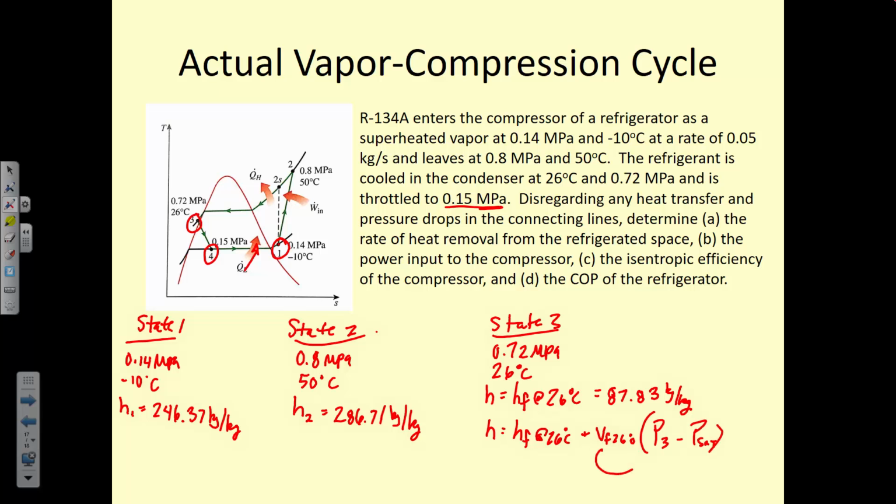So this will offer an additional correction factor that will get us even closer to the actual value. If this value is a very large value, then we know our percent error is going to be greater. But in this case, 0.72 megapascals, whereas the saturation pressure at 26 degrees C is 685. So it's not that far, 720 versus 685. So it's pretty close.